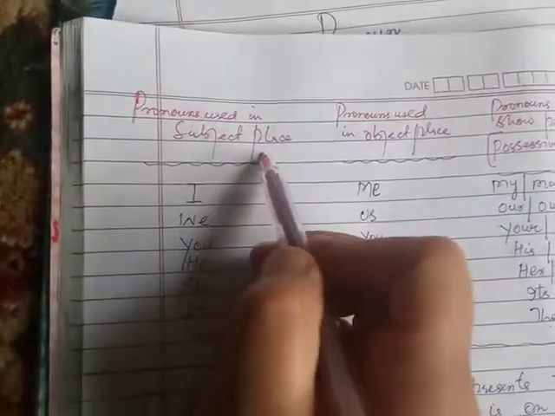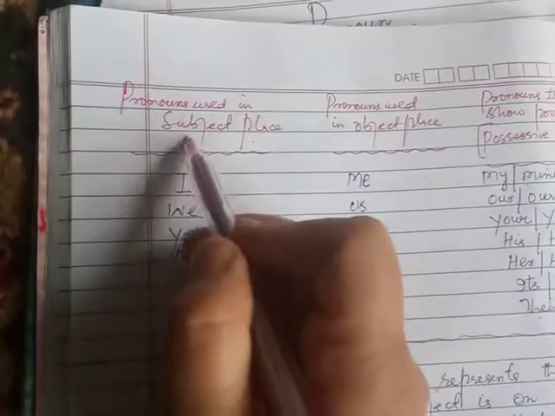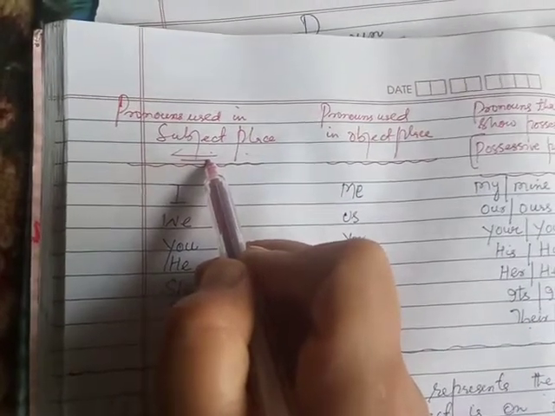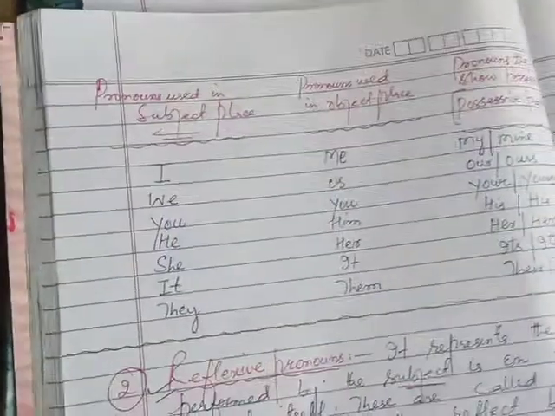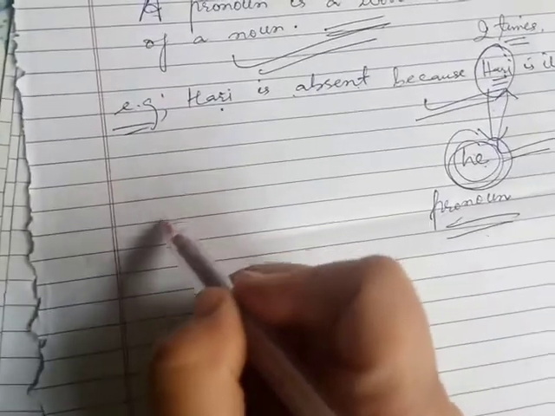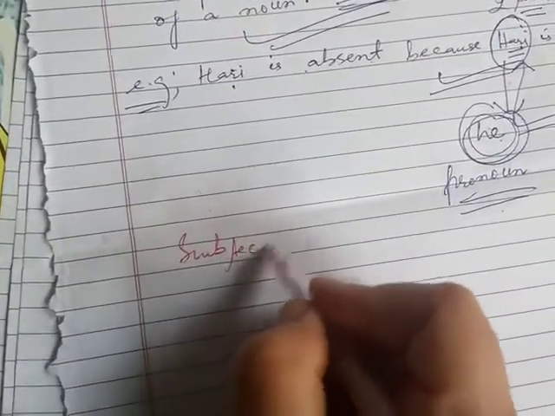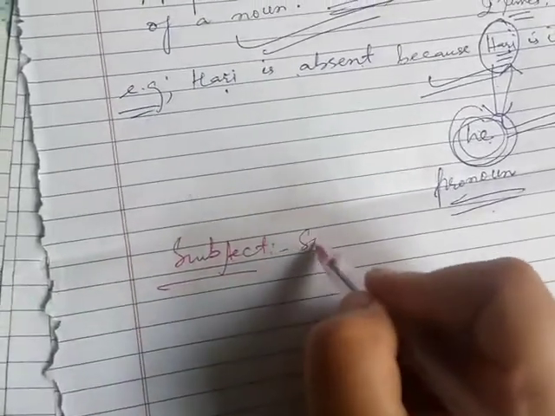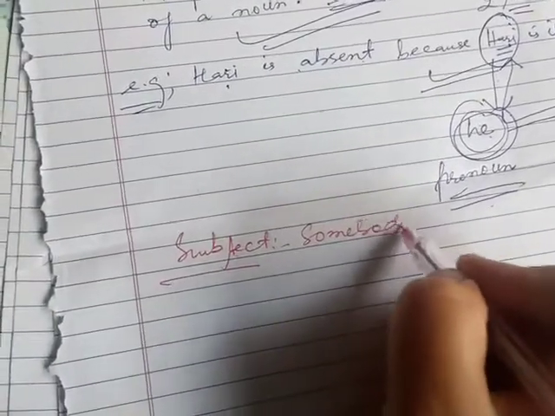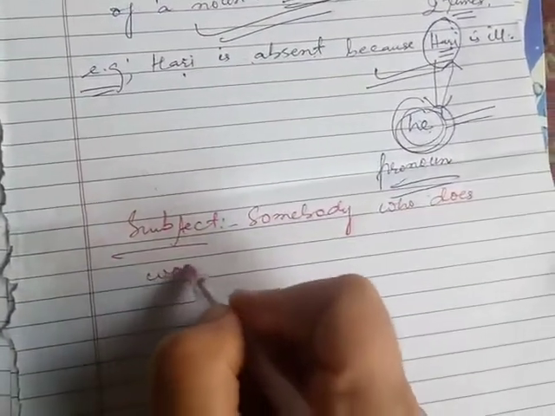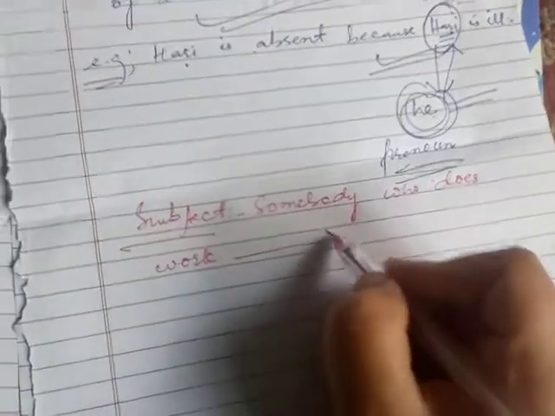Pronouns used in subject place. First of all, I will tell you what a subject is. Somebody who does work is the subject in a sentence. I will write an example here. What is a subject? Somebody who does work is a subject in a sentence.